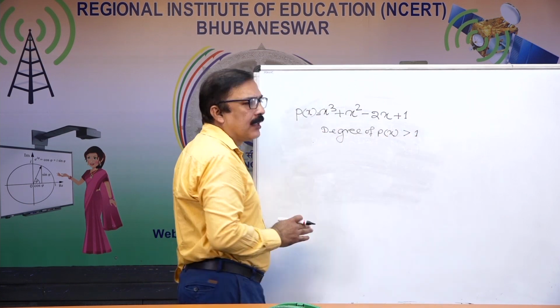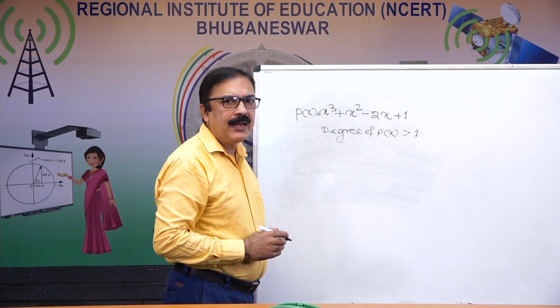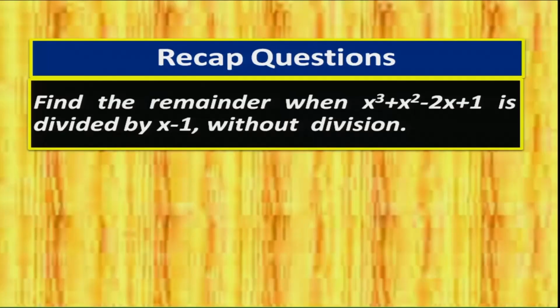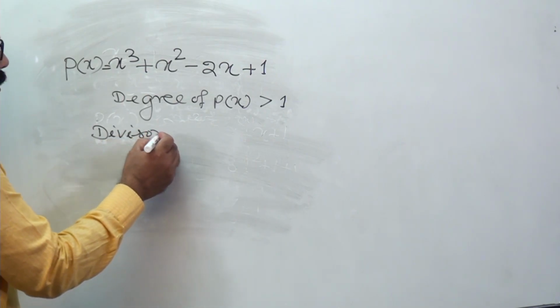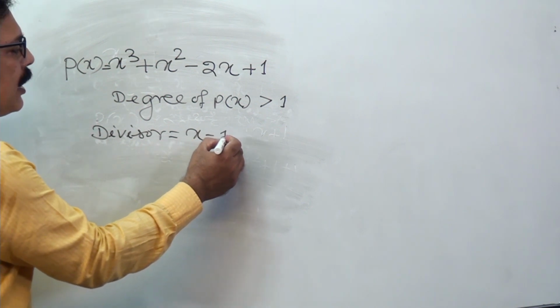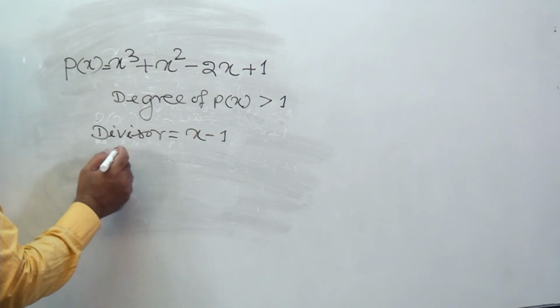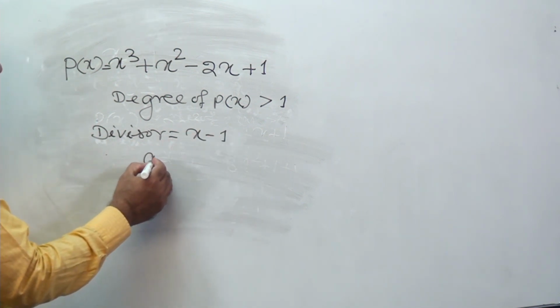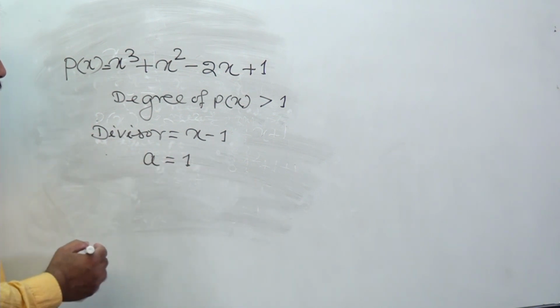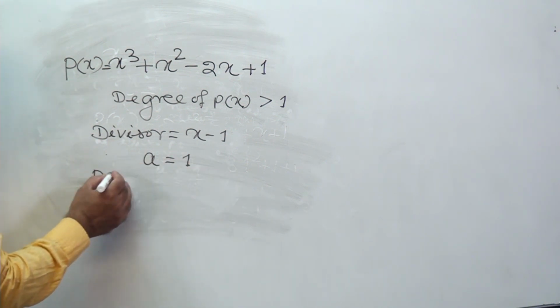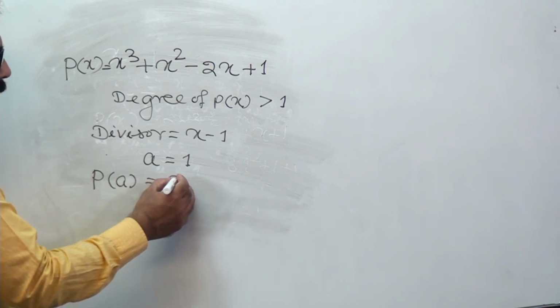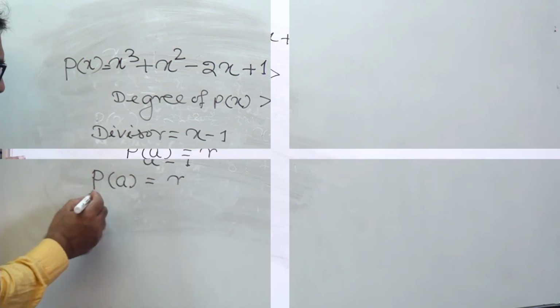Now see, we have to divide it by x minus 1. So the divisor is x minus 1. If we compare this, our a is equal to 1. So in that case, P(a) is the remainder. So what is P(a) here?